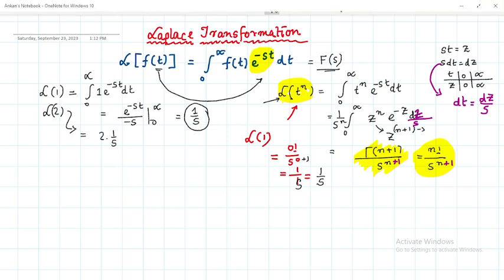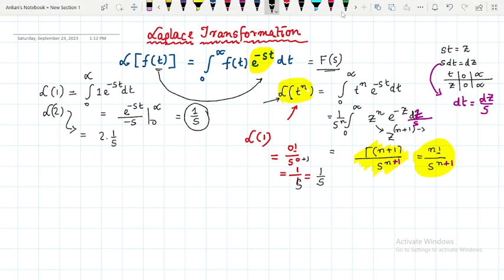Now let us proceed further. Likewise, applying the definition formula, you can obtain the Laplace transforms of many functions. I am not at all interested in writing or proving the Laplace transforms of all these functions, because it will take a very long time and the actual purpose of this lecture will not be served.